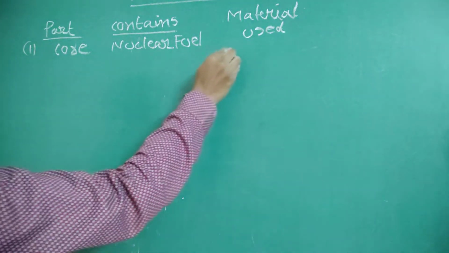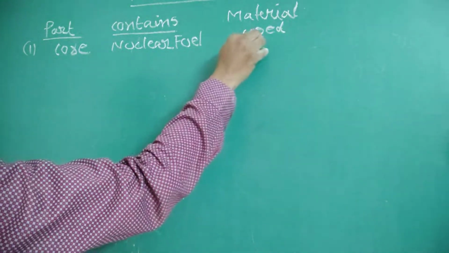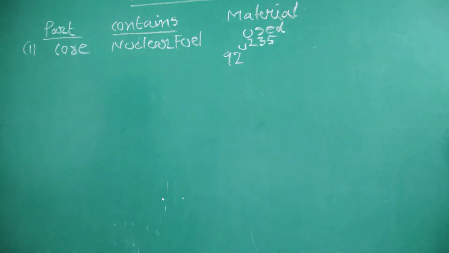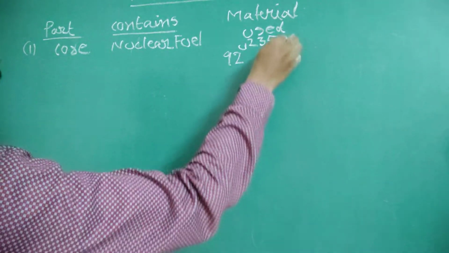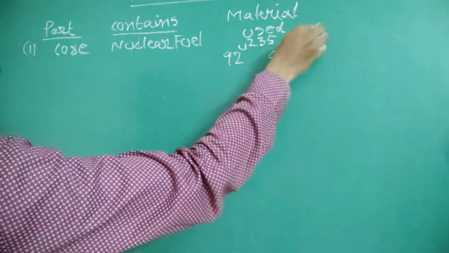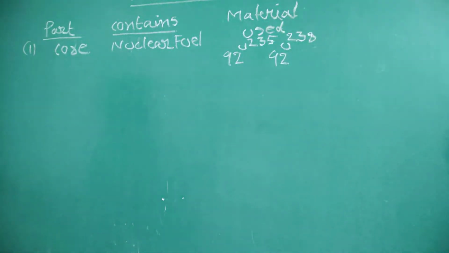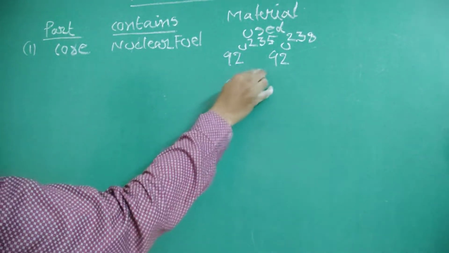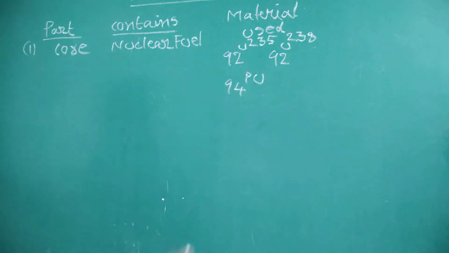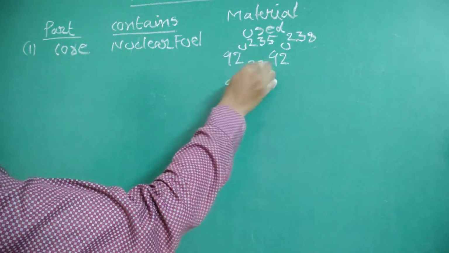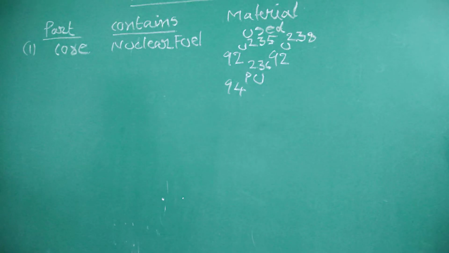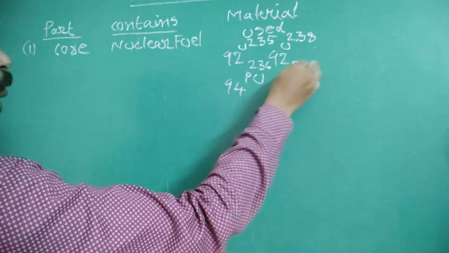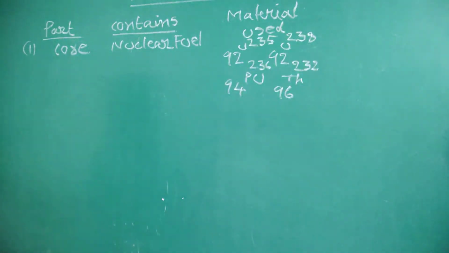Generally we use the materials 92 uranium 235, 92 uranium 238. Next one, 94 plutonium 236. Next one, 90 thorium 232. Like this, materials are used.